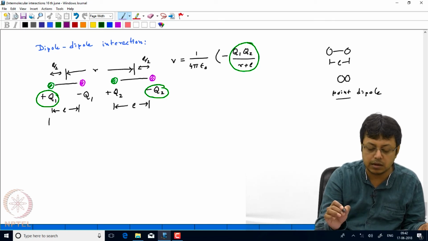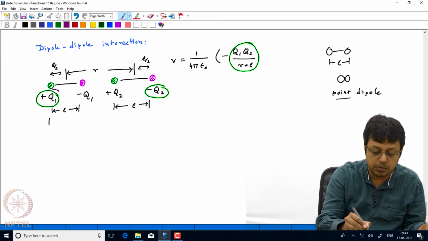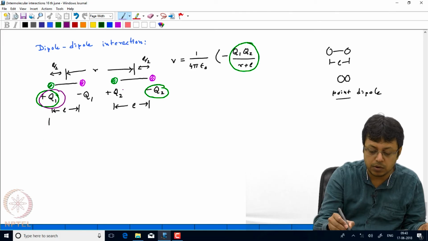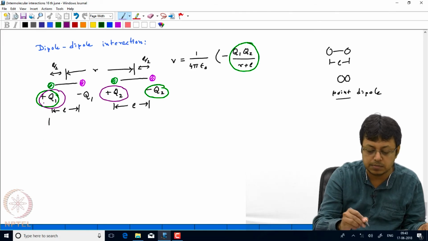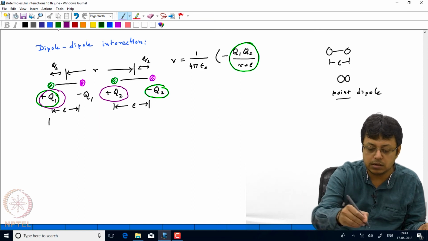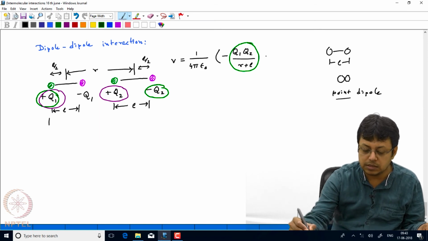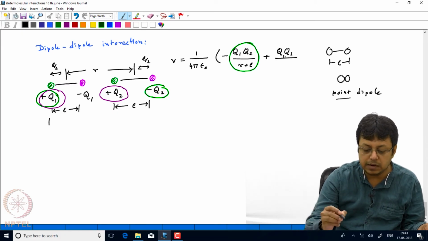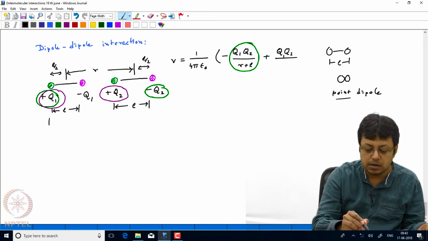We are first calculating the potential due to plus Q1. I am taking this plus Q1 and asking what will be the interaction potential between this plus Q1 and this plus Q2. So, let us write it. In this case it will be plus Q1 plus Q2, so I will have a Q1 Q2 term, and then divided by the distance. So, I have R here.